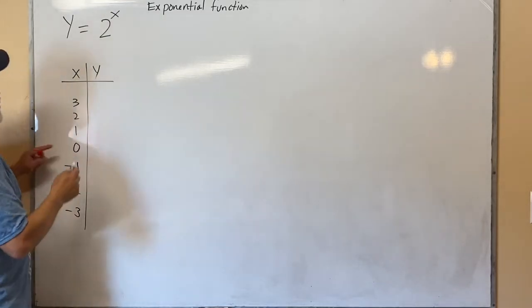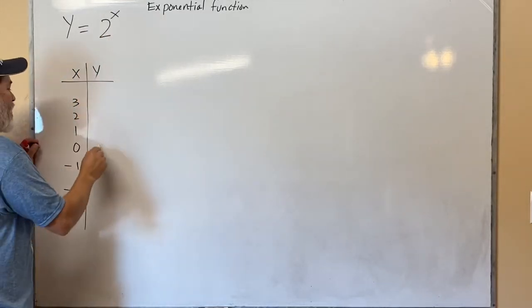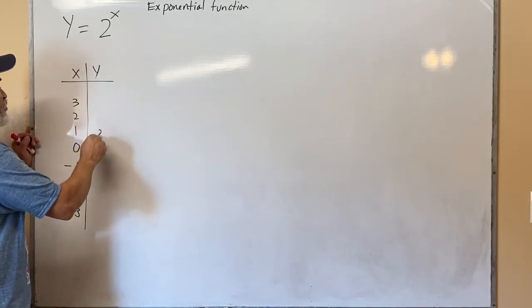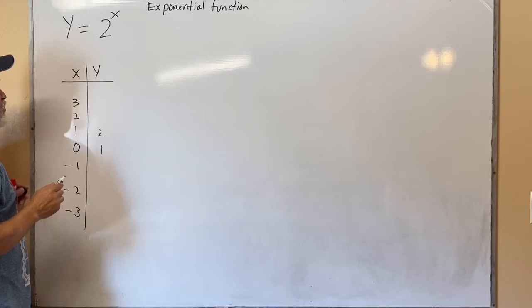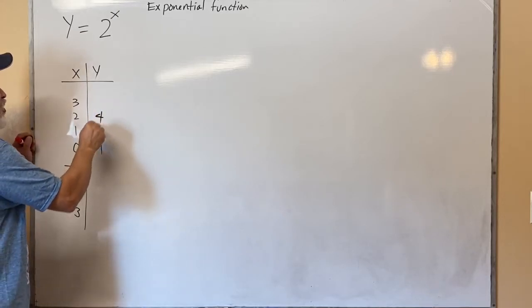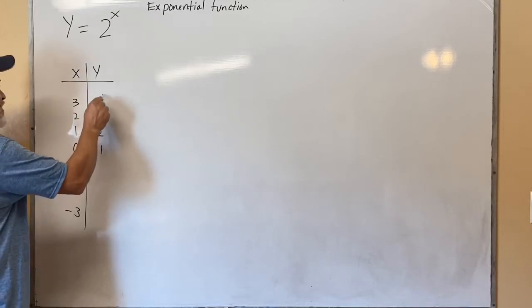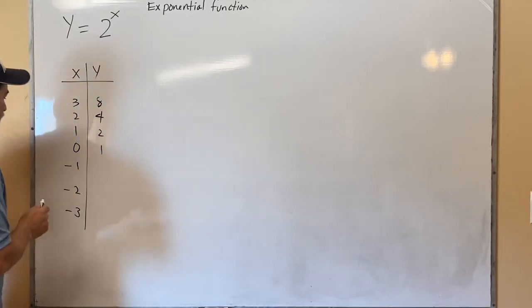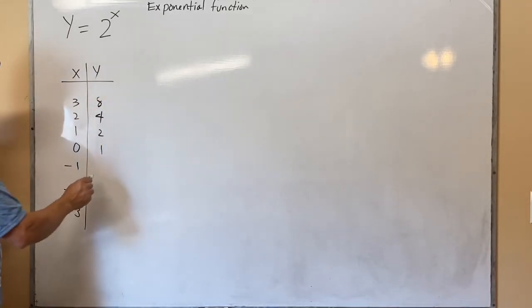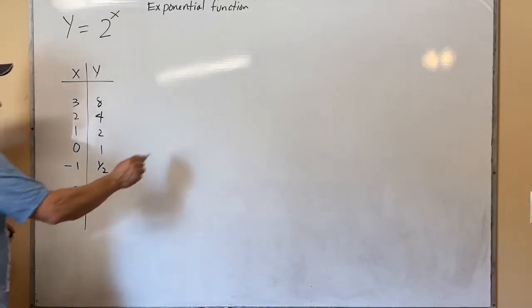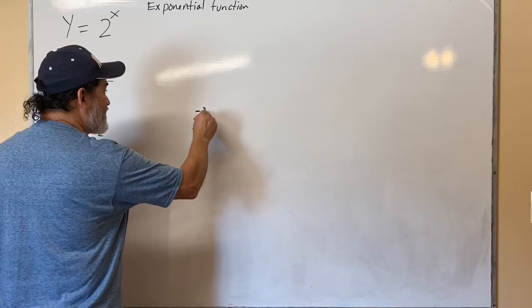X equals 0 was 2 to the 0, which is 1. X equals 1 was 2 to the first, 2. X equals 2 was 2 to the second, 4. X equals 3 was 2 to the third, 8. X equals -1 was 2 to the -1, half. What's 2 to the -2?